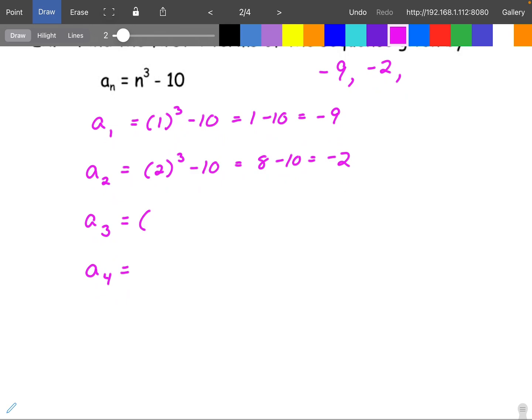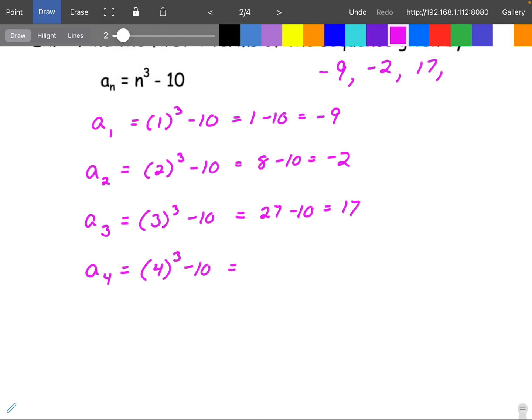Now for a sub 3. So n cubed, that means 3 cubed minus 10. Well, 3 cubed is 27. Minus 10 is 17. So there's our third term. And then for our fourth term, n is 4.